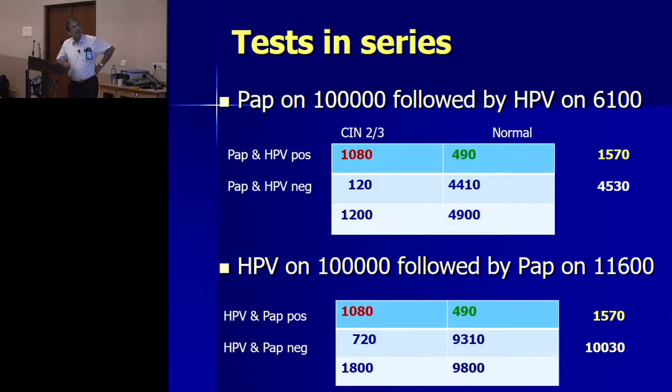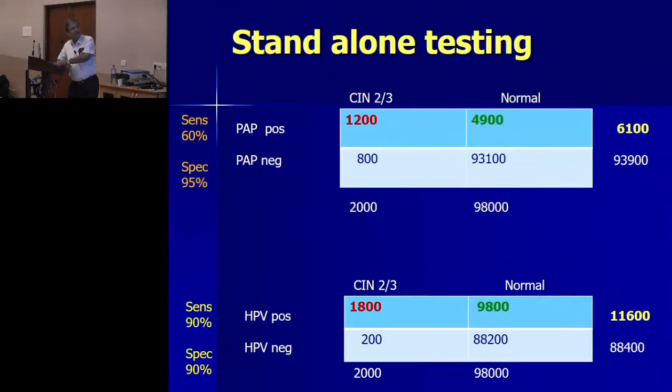So this is the advantage of serial testing. You are losing a little bit on sensitivity, but you are gaining a lot on specificity. Now, this is the third option. The other option is, you do HPV on 100,000, followed by pap on 11,600, right? 11,600, all are HPV positive.